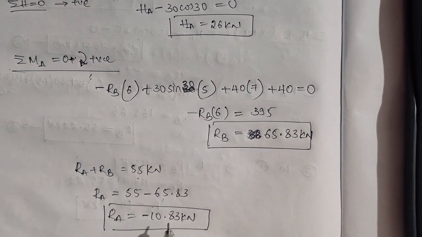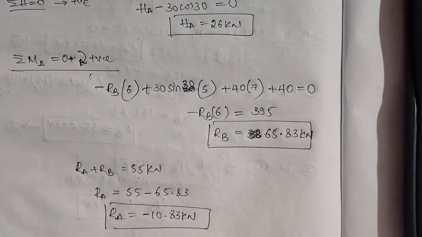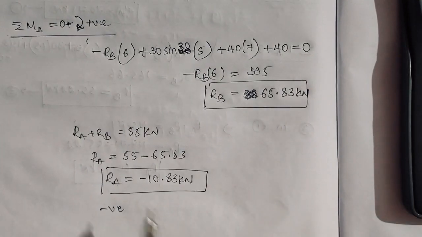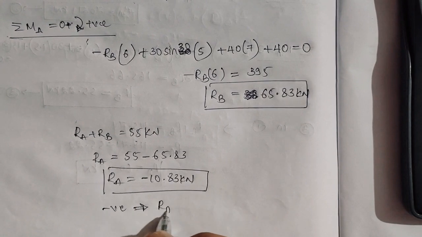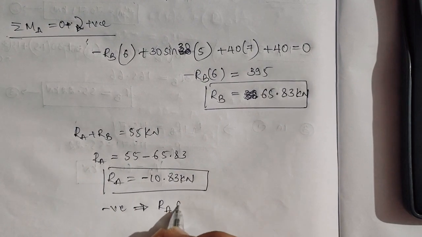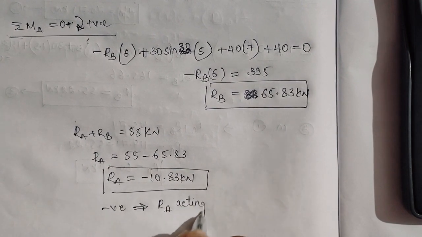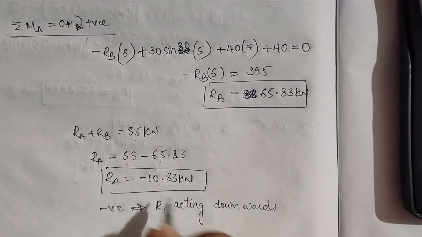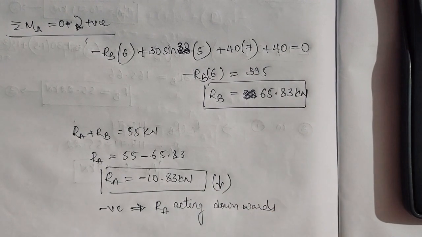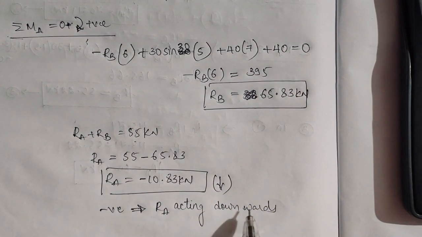Okay, this is a negative value. This negative sign indicates the reaction RA is acting downwards. You have to write like this. If a negative sign comes, this RA is acting downwards.